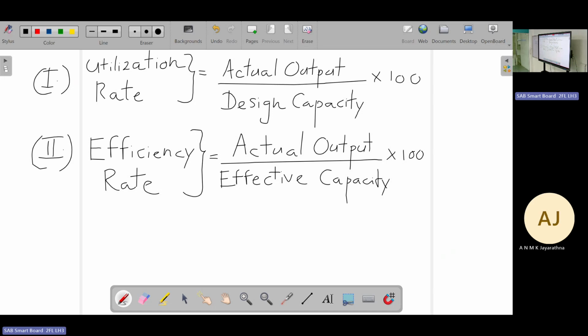Write down the question. ABC company produces electrical items in bulk. According to the standards, ABC company can produce 2,000 items per day.